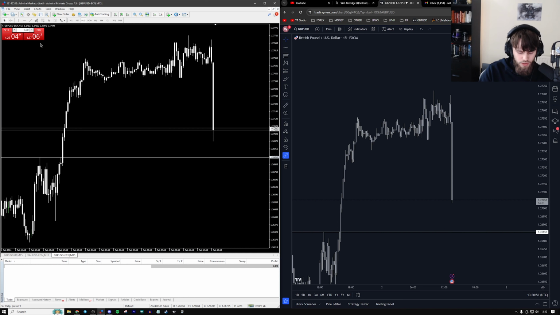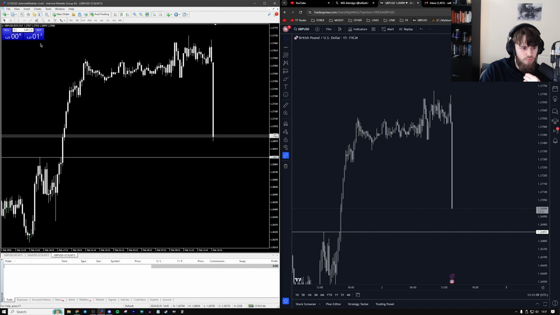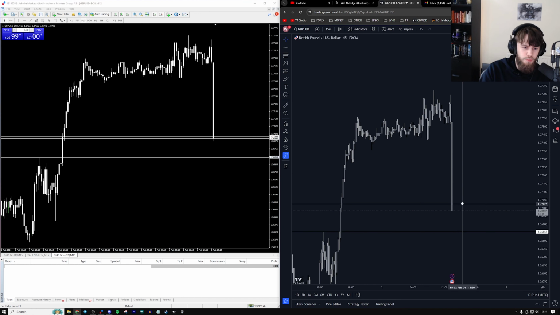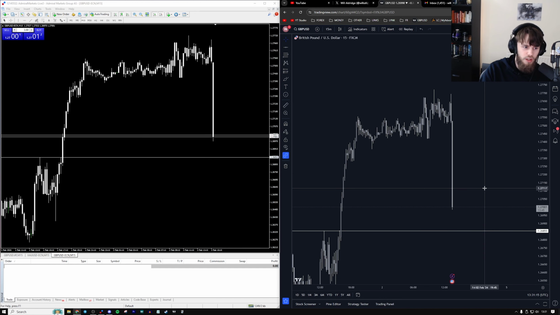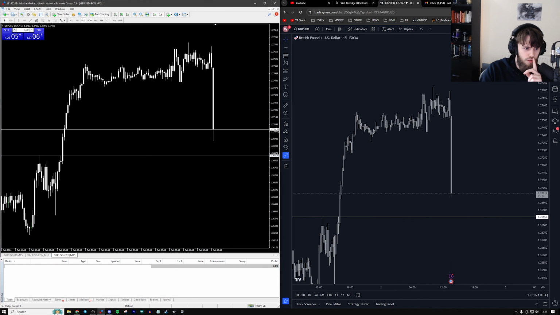So we'll wait to see if it continues dropping. But you'll see here also the difference between TradingView and MT4. It happens a lot where people get tagged in their trades on TradingView, but get stopped out on the MT4 instead. It just shows you that the difference is quite large. Yeah, will we come down to this level?